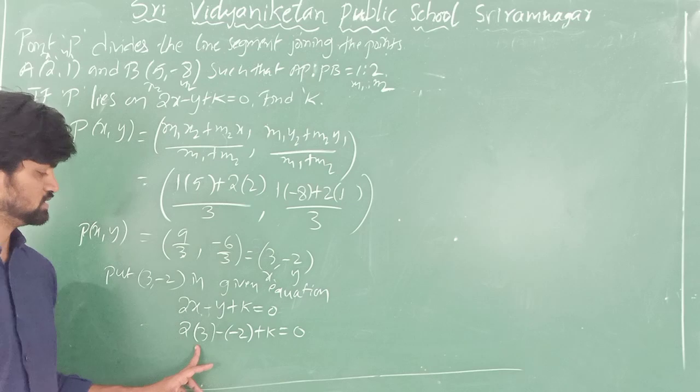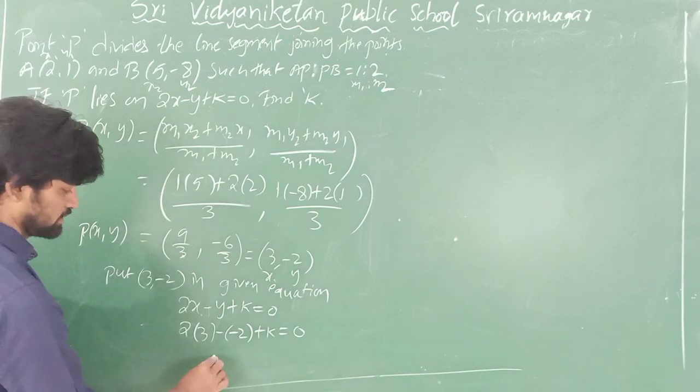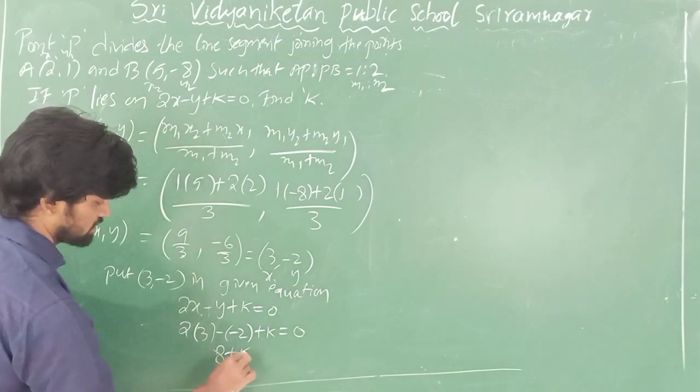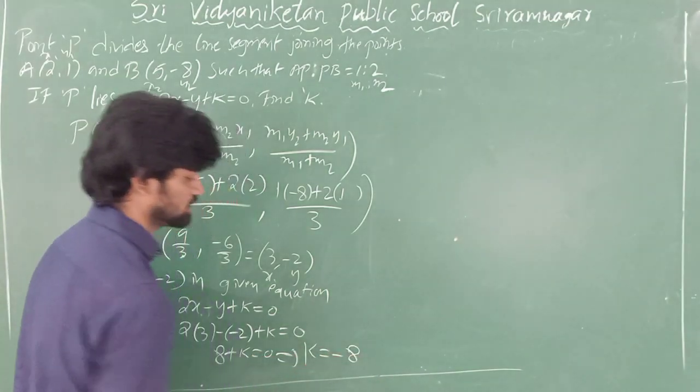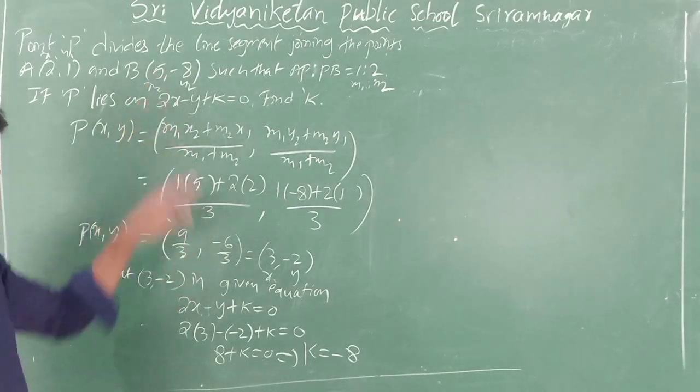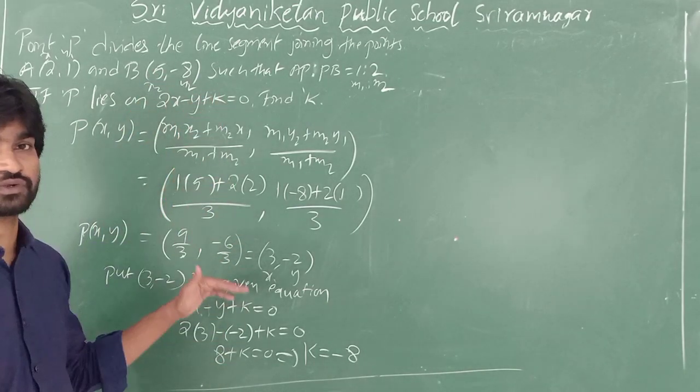This is 6 plus 2, which is 8, so 8 plus k equals 0. Then the value of k is minus 8. Important model, application based question.